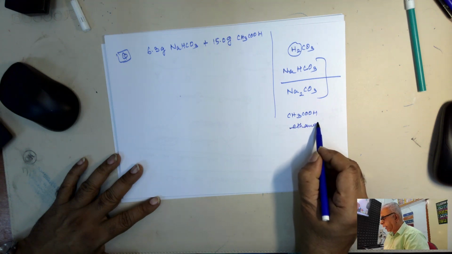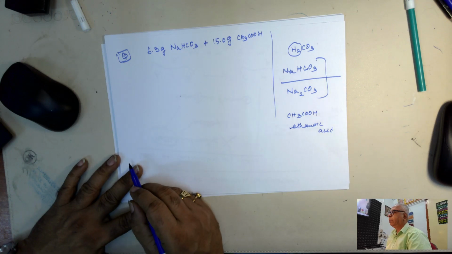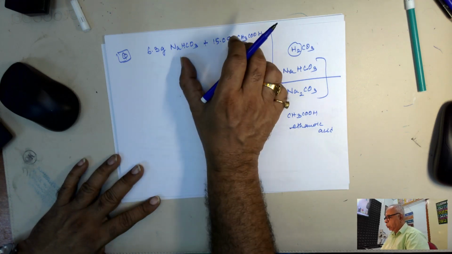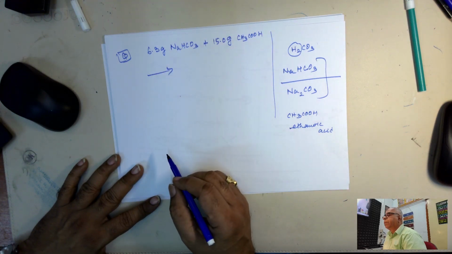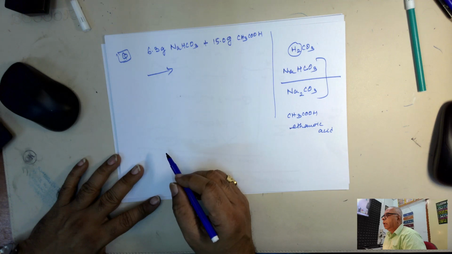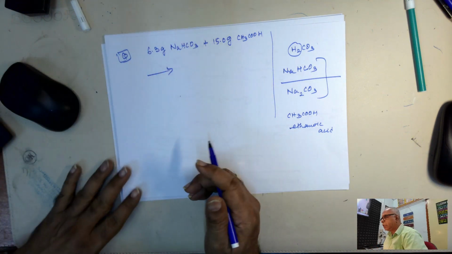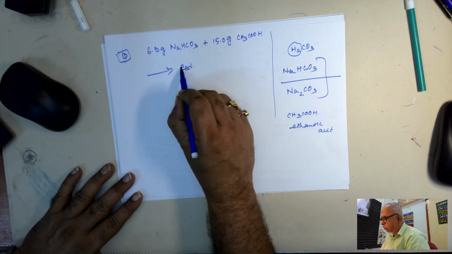Take down ethanoic acid; that is the IUPAC name. Okay. Now these two reactants react to form what? A residue is formed. They are not given any product here. Instead, they talk about the residue. A residue is formed.